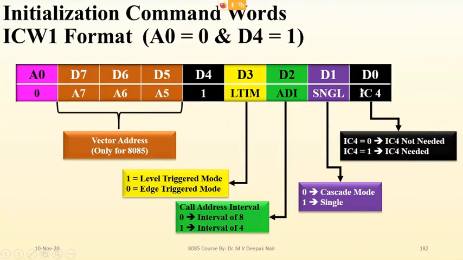In the ICW1 itself, we specify the D0 should be 1 or 0. If it is 0, that means ICW4 is not needed. If it is 1, only then ICW4 will be needed and we will pass the ICW4. Only if D0th bit of ICW1 is 1. Otherwise, we will not pass ICW4.